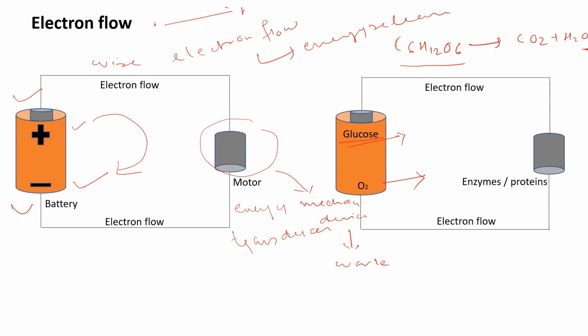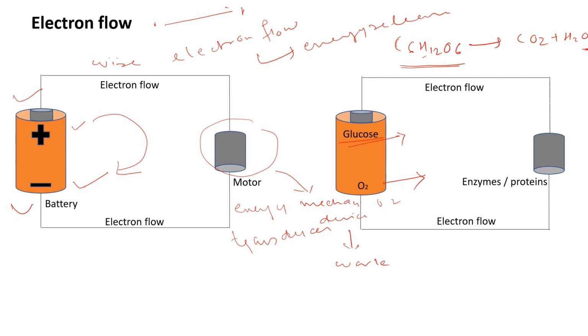So when the glucose is oxidized, what we learned, oxidation is removal of electron. So when the glucose is being oxidized along with removal of hydrogen, electrons are also removed. So glucose is the electron donor. From glucose, the electron will start flowing and will reach oxygen.